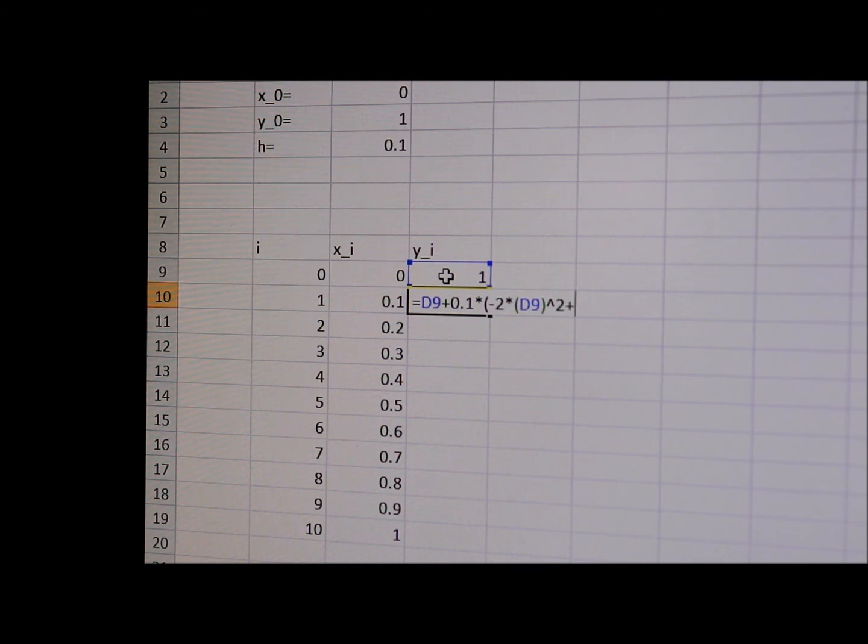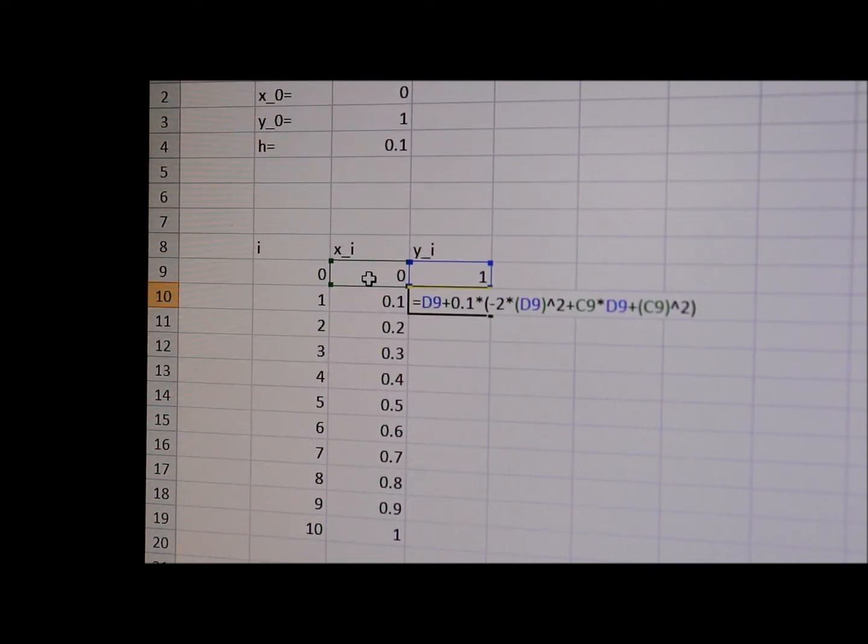Plus, we had the previous x value times the previous y value. So that will be this cell, C9, times the previous y value, D9. Plus, we had the previous x value squared. So again, to be safe, put in parentheses, click on the cell reference C9, close parentheses, squared. And don't forget to close parentheses for the function.